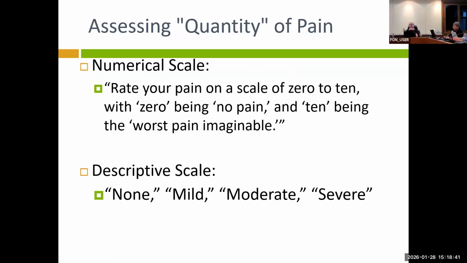Now, our first question that we ask when we kind of get an idea of how severe pain is: rate your pain on a scale of 0 to 10. This is the most common question that we ask. 0 being no pain and 10 being the worst pain imaginable.